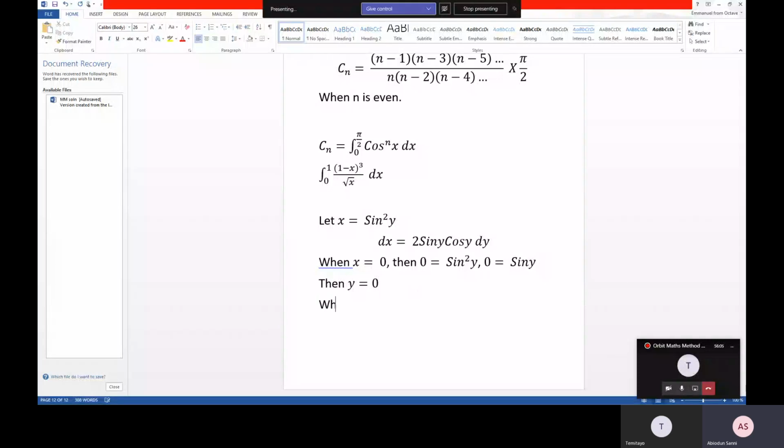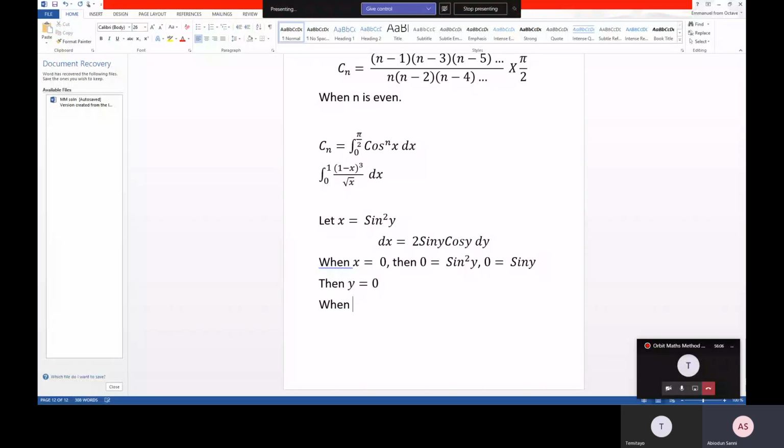Now, when x is 1 for the other comparison. You have done the lower limit 0, now when x is 1. So when x is 1, then 1 is equal to sin square y. If I say 1 is equal to sin square y, then I'm saying 1 is equal to sin y. Take square root of 1, it's still 1. Let's just neglect the plus or minus for now.